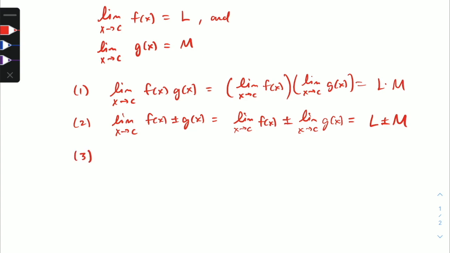Third property is the limit of a quotient. All of these properties are intuitive.